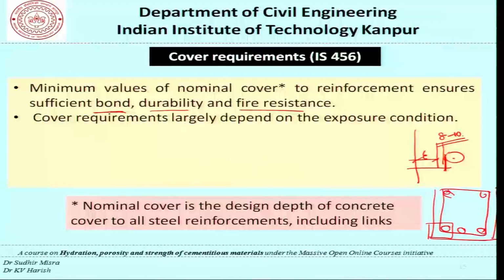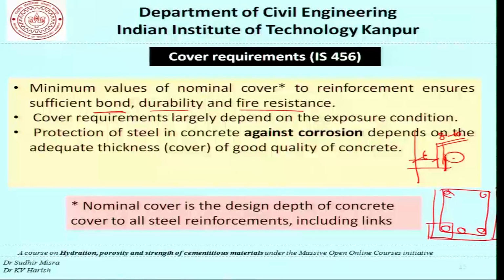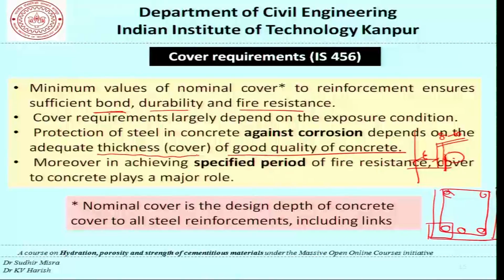So, of course, cover requirements largely depend on the exposure condition, and protection of steel in concrete against corrosion depends on the adequate thickness of good quality concrete. Now, this good quality of concrete is something which we have already talked about a little earlier when we were trying to restrict or try to specify the maximum water cement ratio, the minimum strength and the cement content and so on, and the thickness is what we are talking about in this slide.